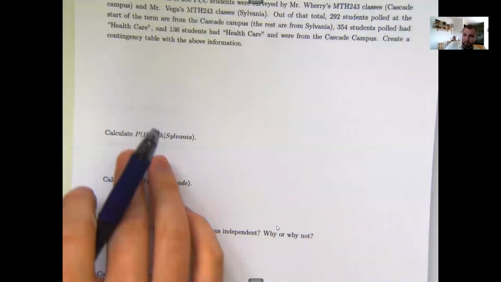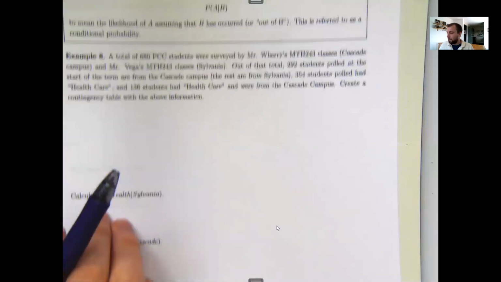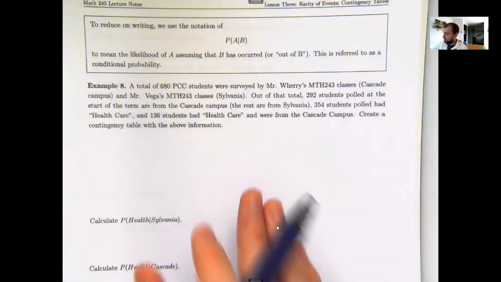Let's do another one. So to save on a little bit of writing, I'm inventing a new notation.